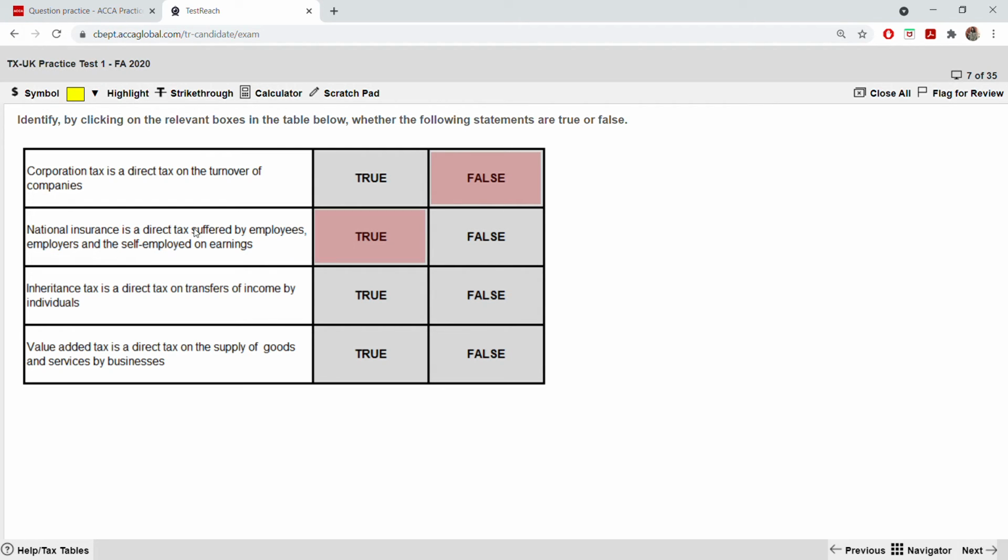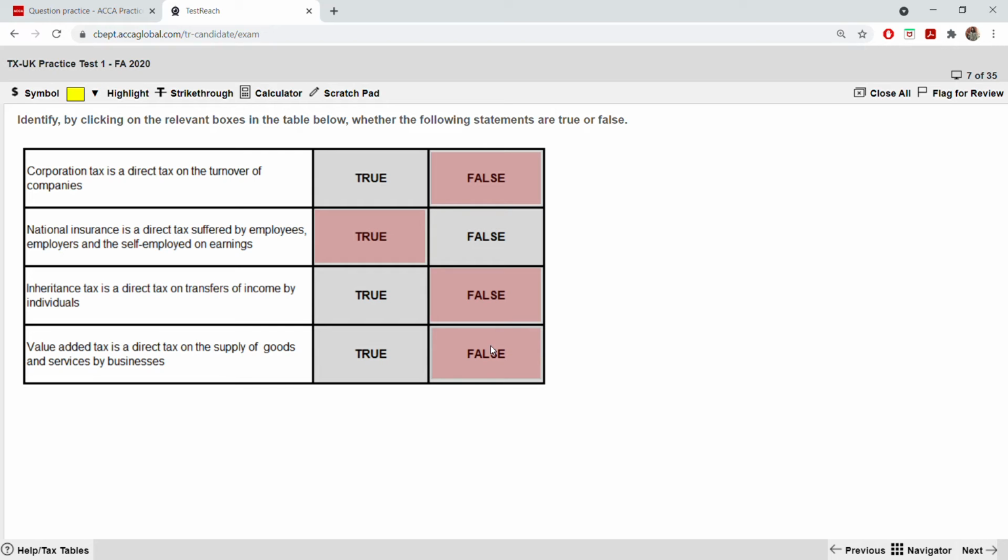We have different types of tax. NIC, right? Type 1, type 1A, type 2, type 4. Inheritance tax is a direct tax on transfer of income by individuals. You have to know what is a direct tax and indirect tax, okay? So VAT is a direct tax on supply of goods and services by businesses. No, because VAT is an indirect tax.